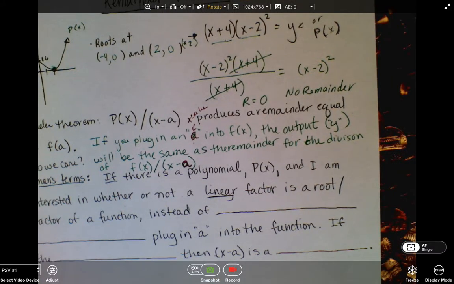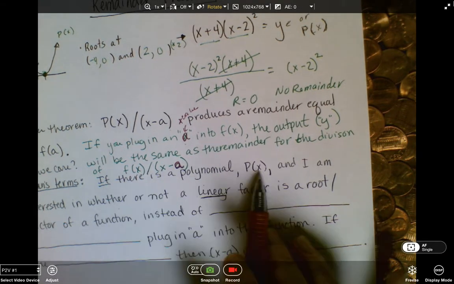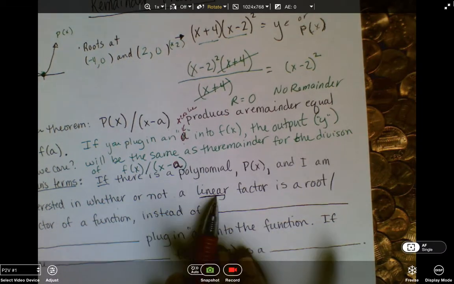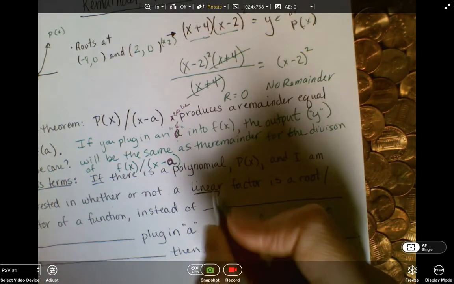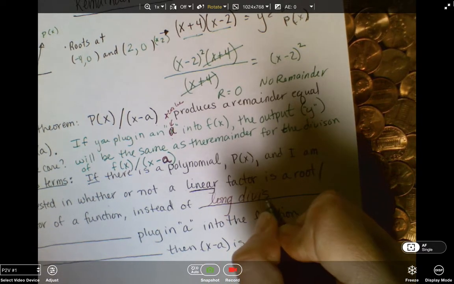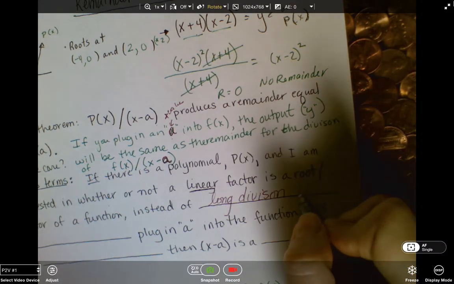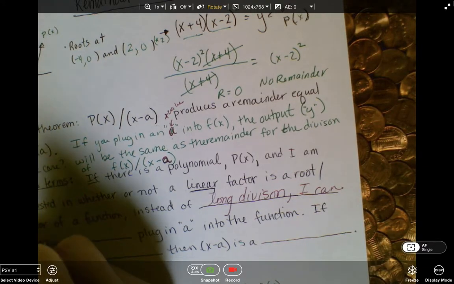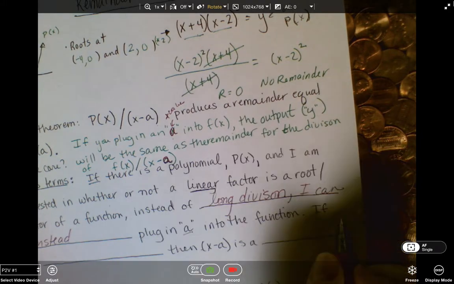Okay? So who cares? If there is a polynomial p of x and I'm interested in whether or not it has a linear factor, if it's a root of our original function, instead of long division, which has got to sound like a breath of relief, I can instead plug in a into the function.